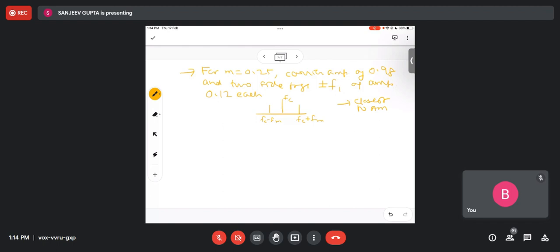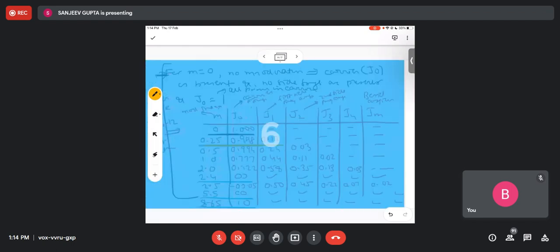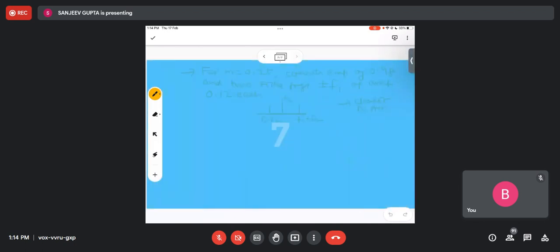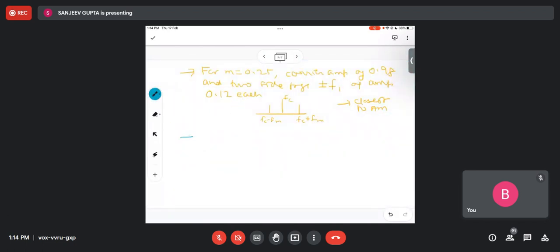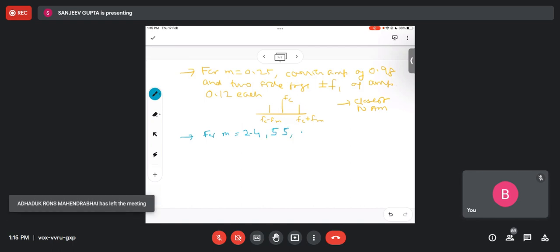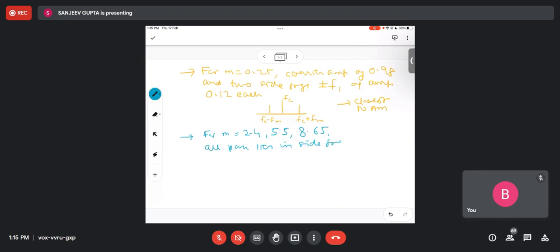And then we have the third one, which I highlighted in blue color on the previous slide. Now, if I have the same blue color here, for m equal to 2.4, 5.5, 8.65, all power lies in side frequencies and no power in carrier, because J0 is equal to 0.